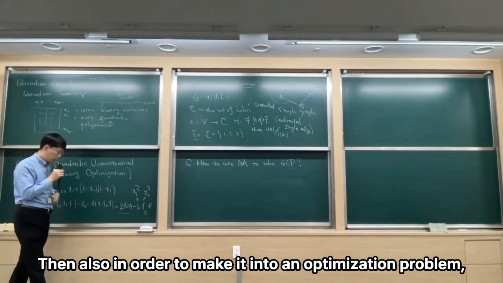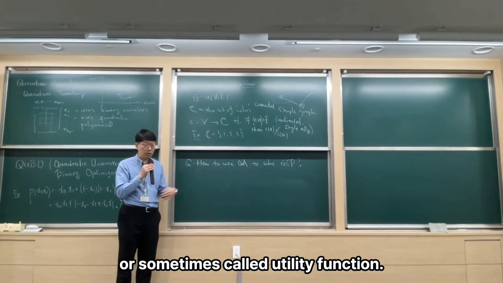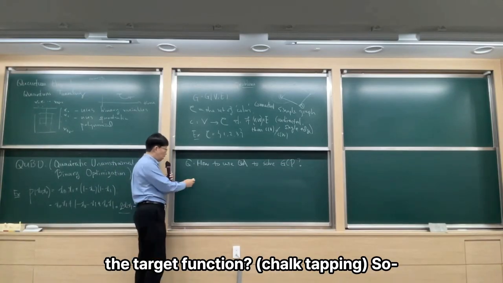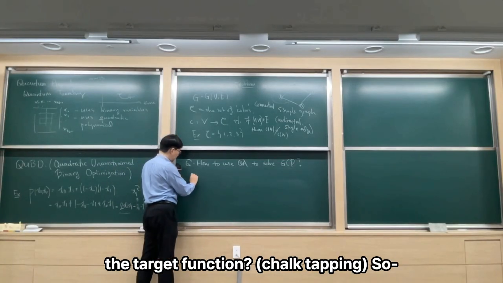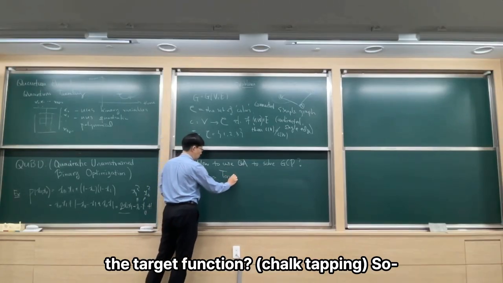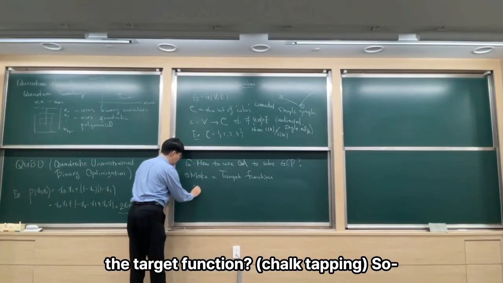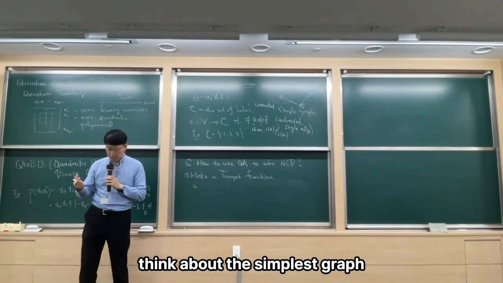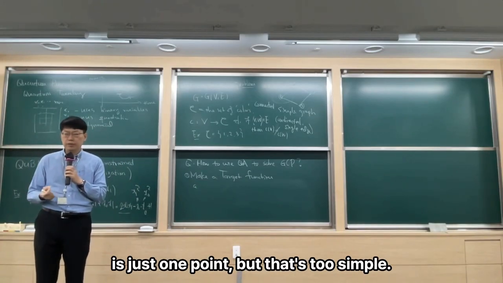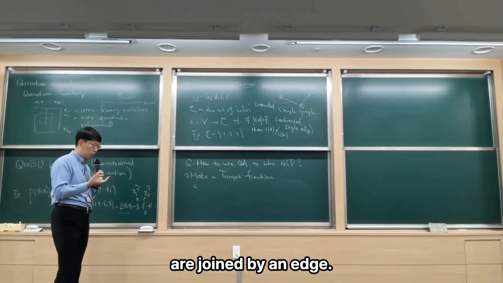In order to make it into an optimization problem, you have to make a target function, sometimes called a utility function. So how do you make the target function? The first step is to think about the simplest graph you can think of. Maybe the simplest graph is just 1 point, but that's too simple. So let's say we have 2 points in the graph, joined by an edge.